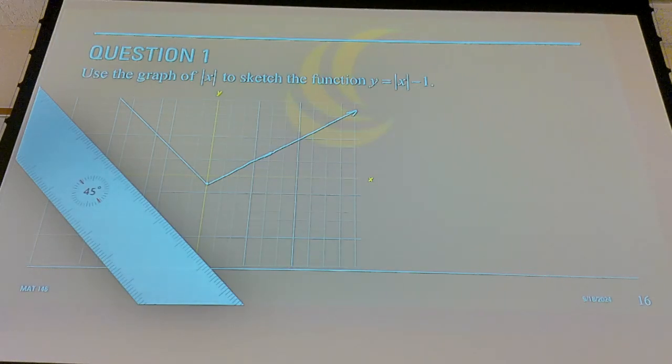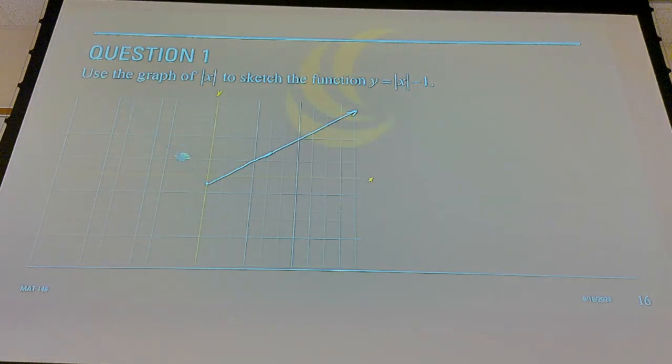Okay, well, there goes that idea. I think it's because I increased the size of the grids.